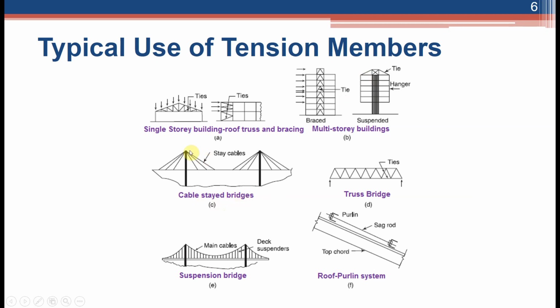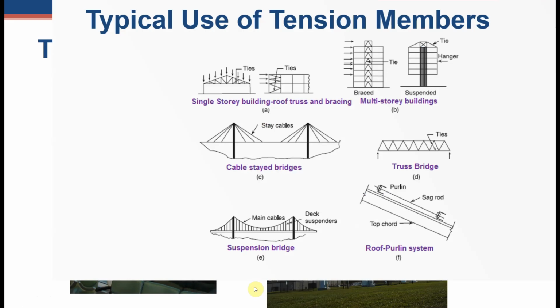Similarly, in a cable-stayed bridge, all these cables are in tension. In a truss bridge, the bottom chord member and these inclined members are tension members. In a suspension bridge, this curved main cable as well as deck suspenders are subject to tension. In case of roof trusses, on the top chord, we connect the different purlins on the slope by using a sag rod. Sag rod is also a tension member.